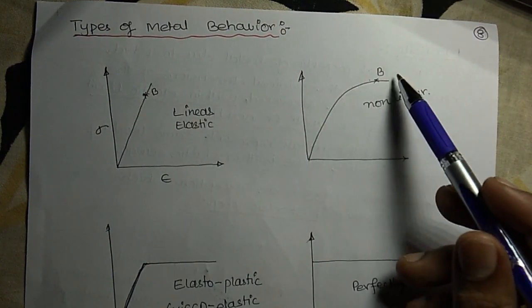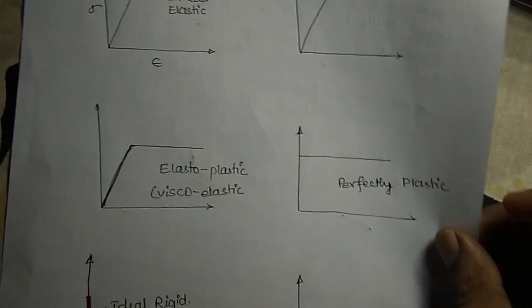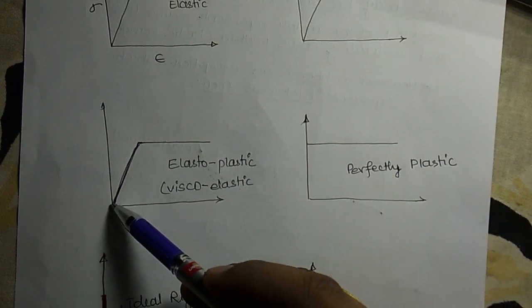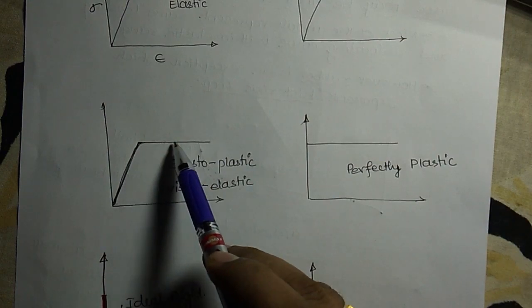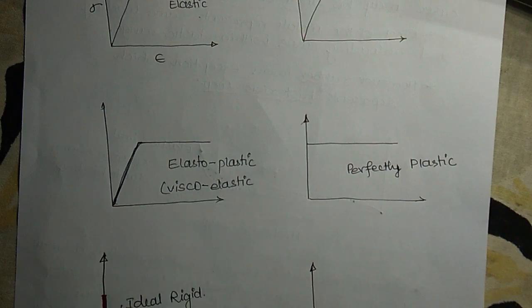Whereas any curve or other shape we call non-linear behavior. Sometimes in some materials, you have a straight linear variation up to one point, then there is a clear plastic variation. That type we call elastoplastic or viscoelastic.